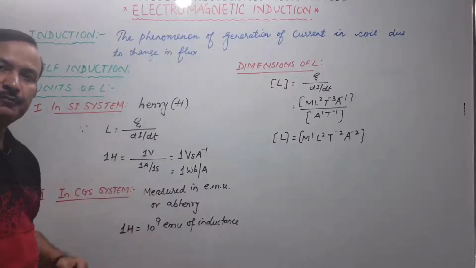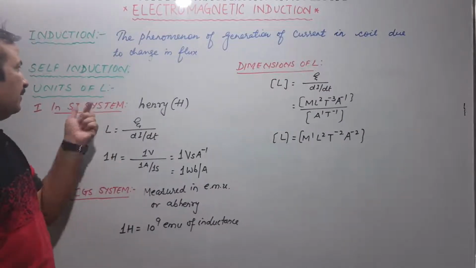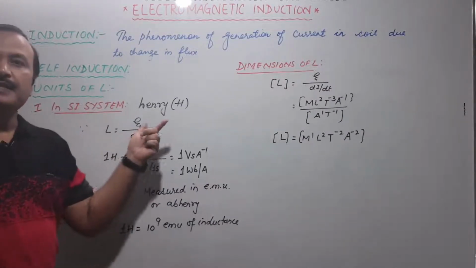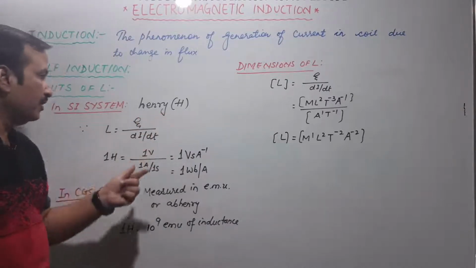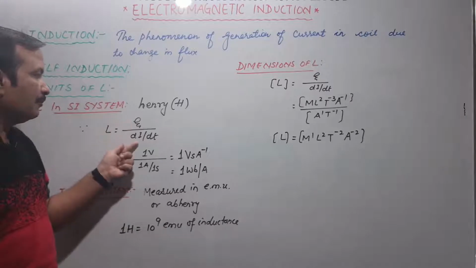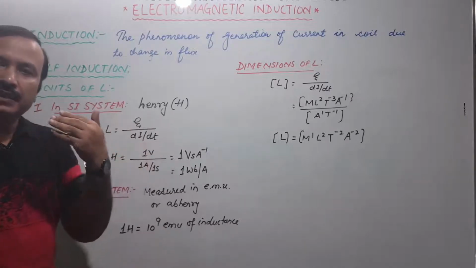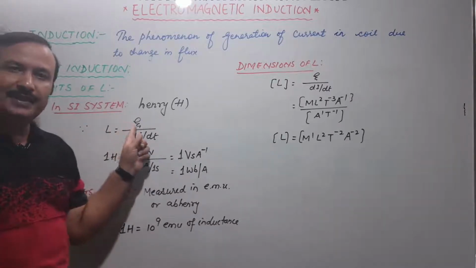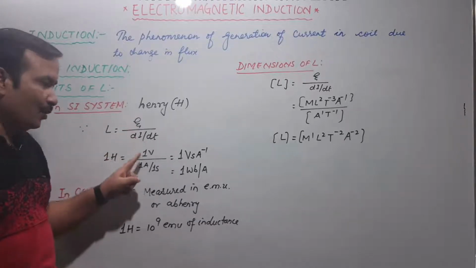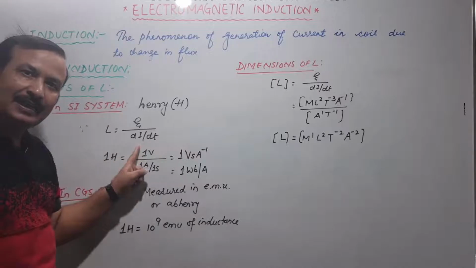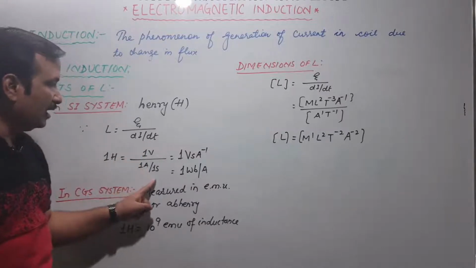Now we have the units of inductance, that is L. In the SI system it is Henry, symbol H. And we know L is equal to E upon di by dt. While finding the unit, we are not taking the minus sign. So 1 Henry will be equal to EMF 1 volt upon di by dt, current upon time, 1 ampere upon 1 second.